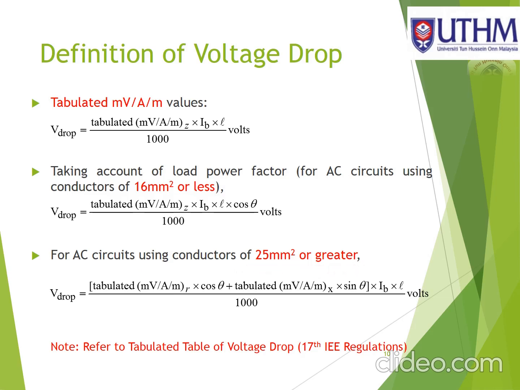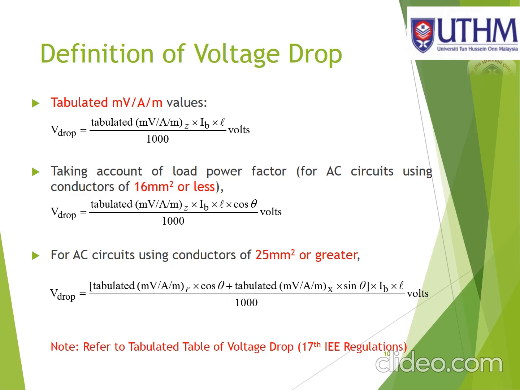So the formula is voltage drop is equal to tabulated mV/A/m R times the power factor, plus tabulated mV/A/m X times sin theta, times IB times the length, divided by 1000.